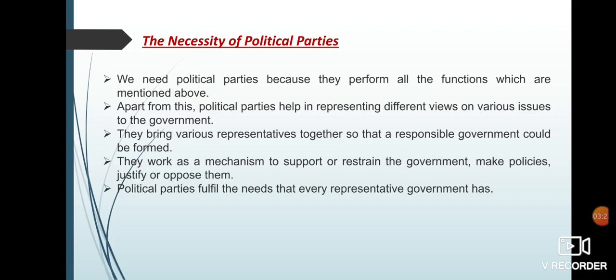They bring various representatives together so that a responsible government could be formed. They work as a mechanism to support or restrain the government, make policies, and justify or oppose them. Political parties fulfill the needs that every representative government has.